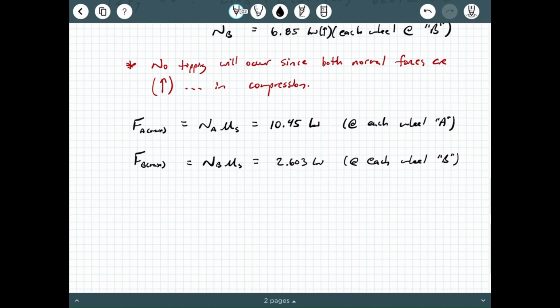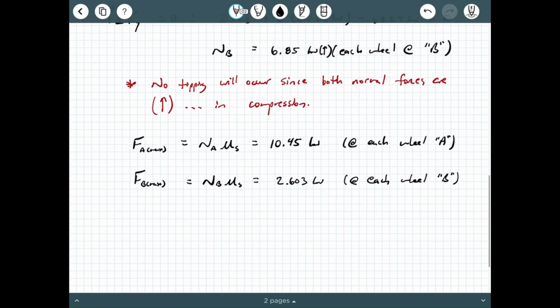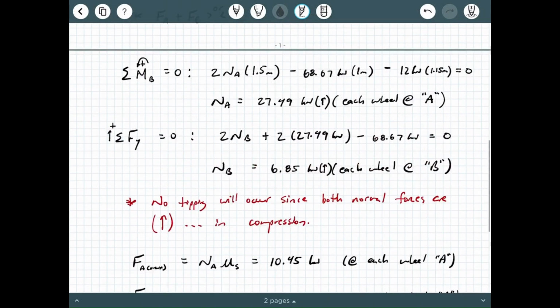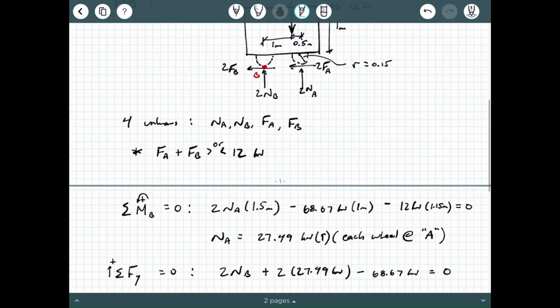So again, this is at each individual wheel, all right, at A and then at B. So we need to then compare these friction forces that our applied force must overcome and see what happens. Remember, we ask ourselves, does the applied force exceed the friction developed at these surfaces? And we have 4 contact surfaces.